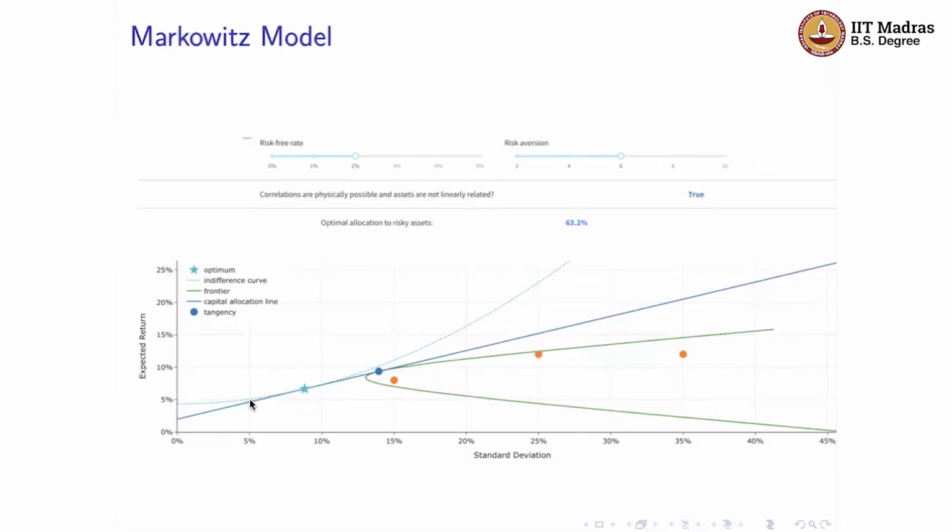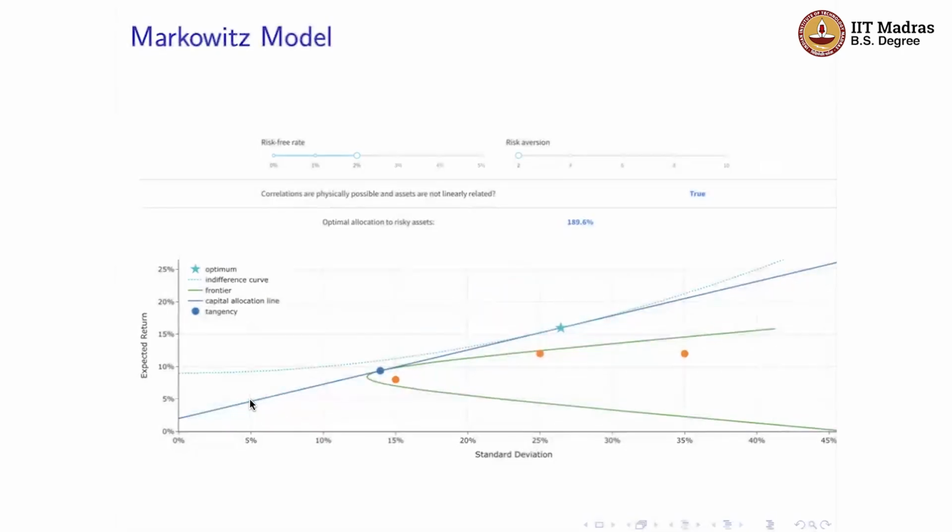And as you would expect, if we reduce the risk aversion, it's again the same line along which you are moving, but now the optimal point is much further to the right, where you want a higher expected return, even if it comes with a higher standard deviation.